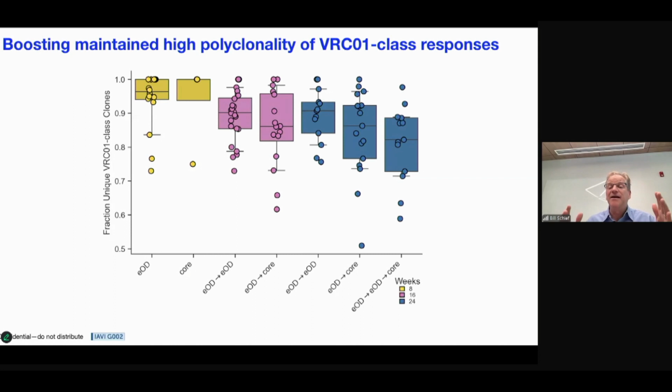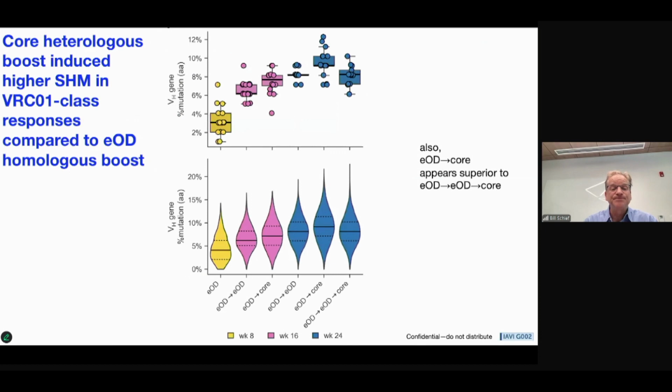It's going to be important not only for priming, but in the concept of heterologous boost, if we want to mature these responses to bNAbs, it's in our favor to have many, many different trajectories, where many different clones or clusters are tracking along and trying to mature in their own way. So we're super excited about this data.